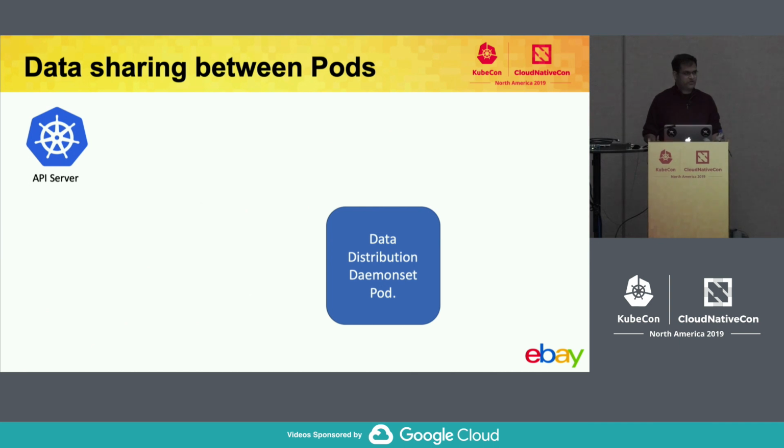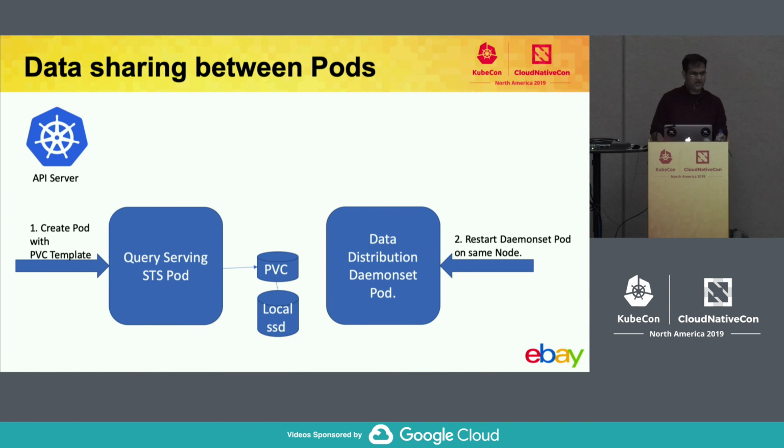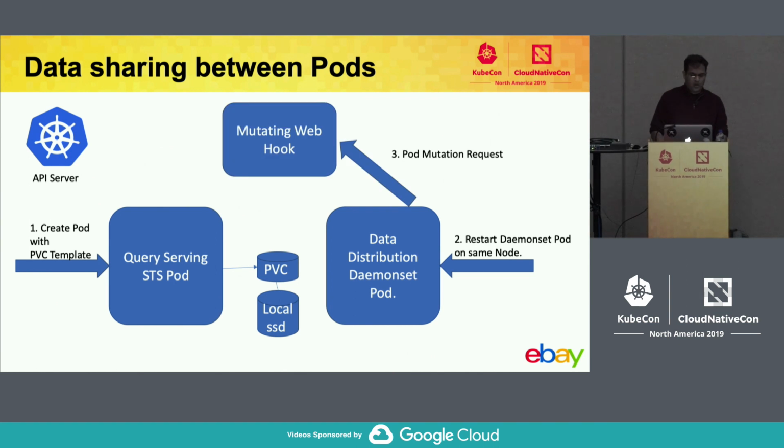So the data distribution agent pod, as I mentioned earlier, is running as a daemon set on all our K8s nodes. When a query serving pod lands on that particular node, we create a PVC by binding a local PV to that particular PVC. Once this query serving pod is up and running, we go ahead and restart the data daemon set. During the restart process, the mutating webhook kicks in, and what it does is it gets the list of all the PVCs that are created on that particular node by the query serving pod.